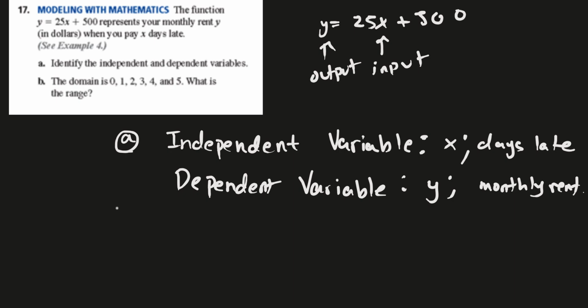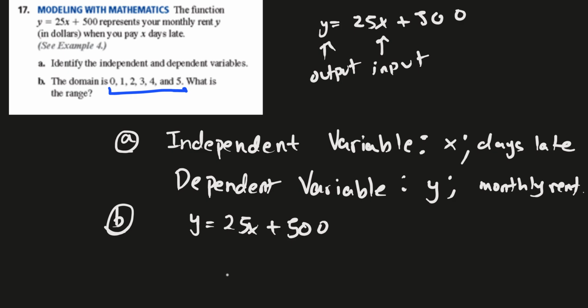Okay, let's look at B. The domain is 0, 1, 2, 3, 4, and 5. What is the range? This is an interesting question because you have a bunch of values that represent the domain, or the inputs, and you want a bunch of values that are the outputs, the range. So the range is going to be the values that correspond to the inputs.